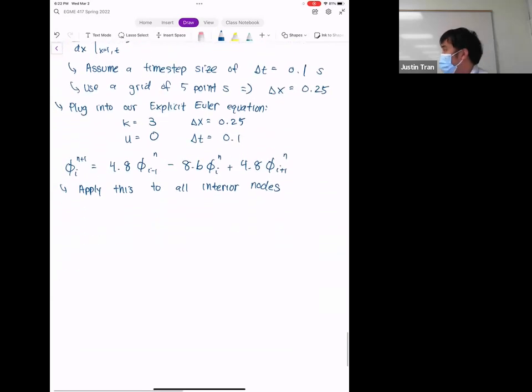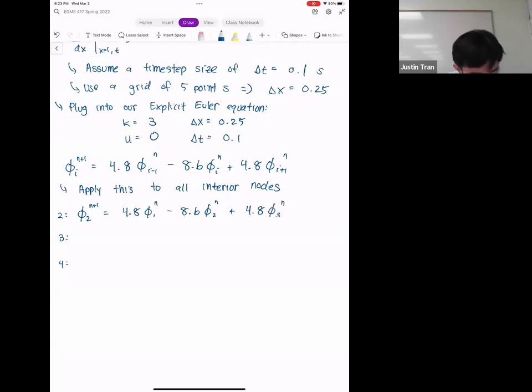And so first, let's apply this for all the interior nodes. Our interior nodes here are nodes 2, 3, and 4. We only have a 5-node grid, so phi 1 is going to be our left boundary condition and phi 5 is going to be our right-hand side boundary condition. For nodes 2, 3, and 4, we use our finite difference equation. So for index 2, we have phi 2 at n plus 1 is equal to 4.8 phi 1 at n minus 8.6 phi 2 at n plus 4.8 phi 3 at n.